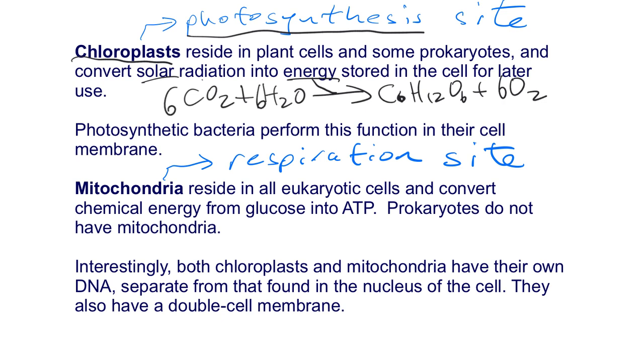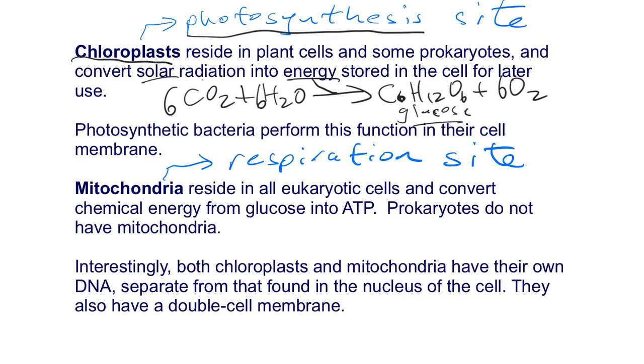Okay, photosynthesis takes energy stored in the sun and puts it into the energy between the carbon bonds in glucose. So it converts the solar energy into actual chemical bond energy in glucose.